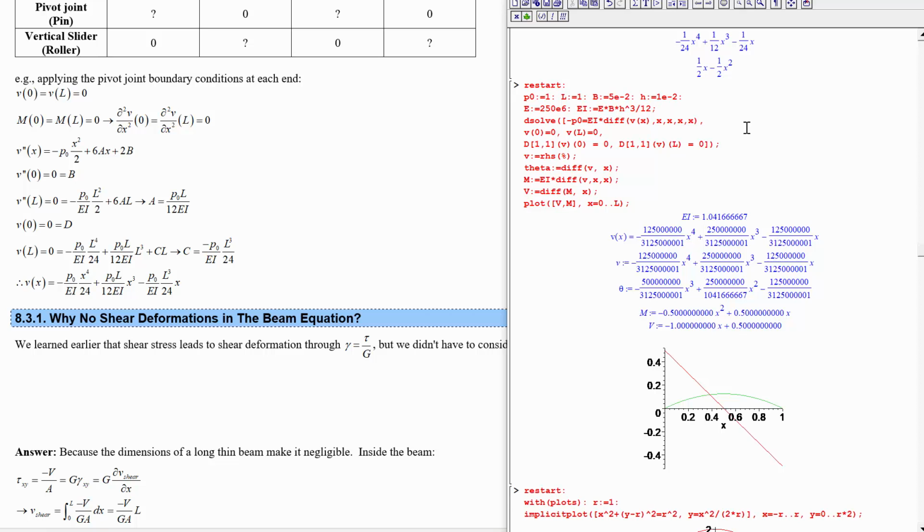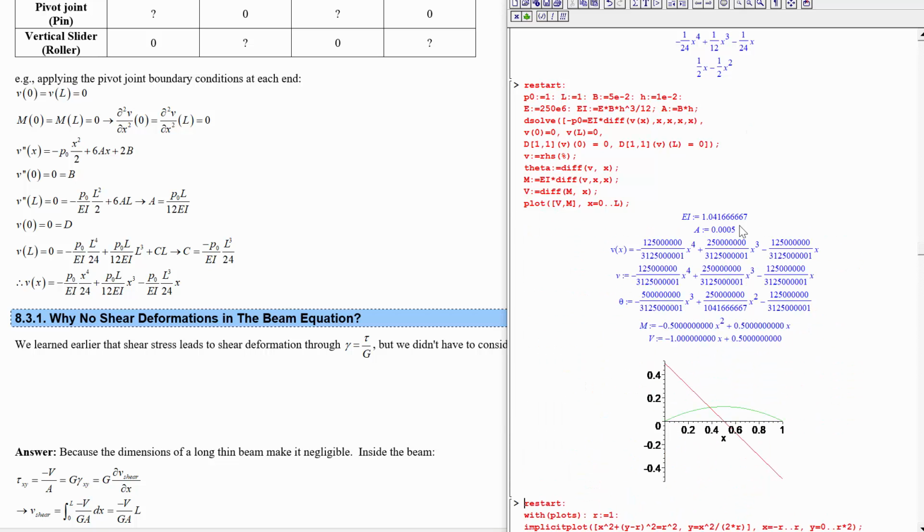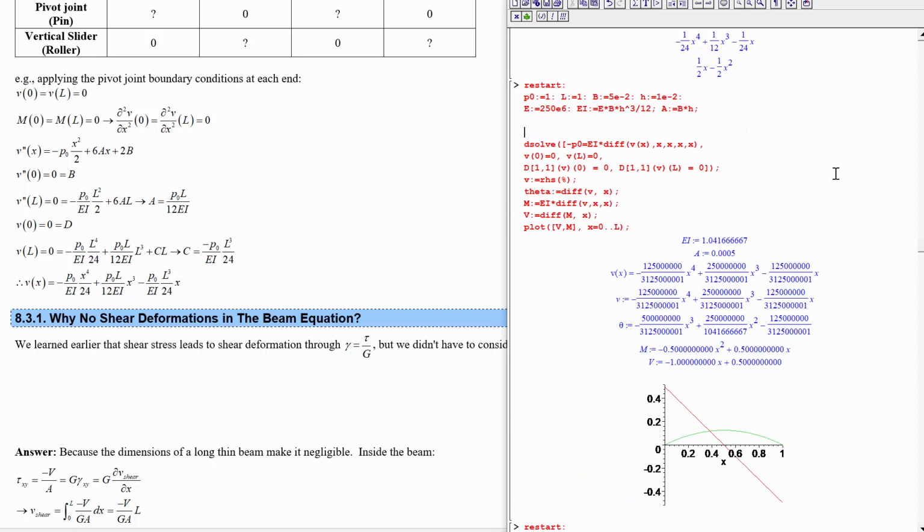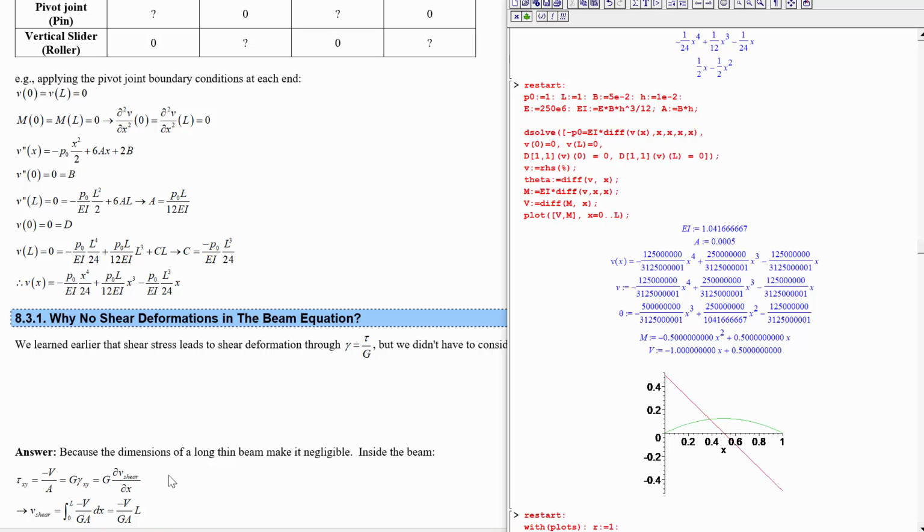So now we can figure out what the cross-sectional area is for this beam, now that we've specified what B and H are. And with this known, we can figure out what the displacement would be from shear by calculating the shear stress.